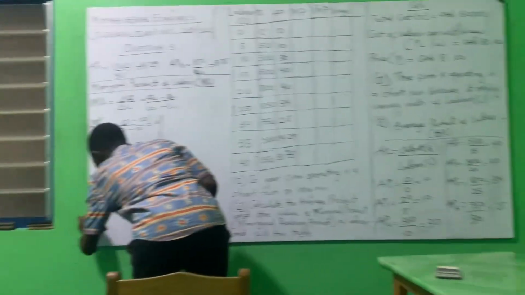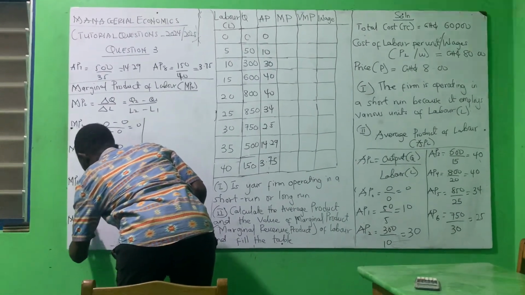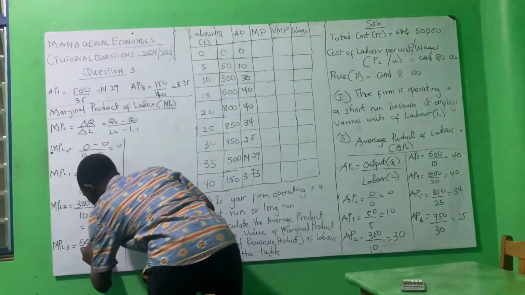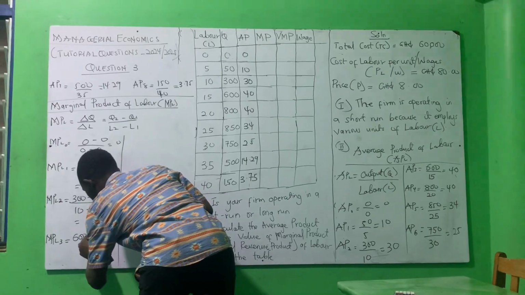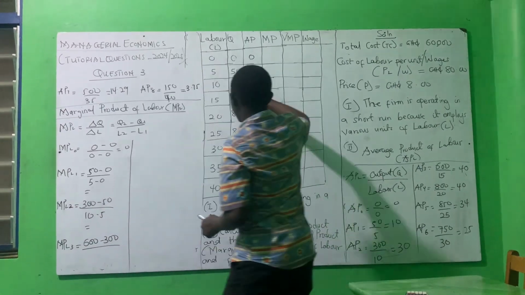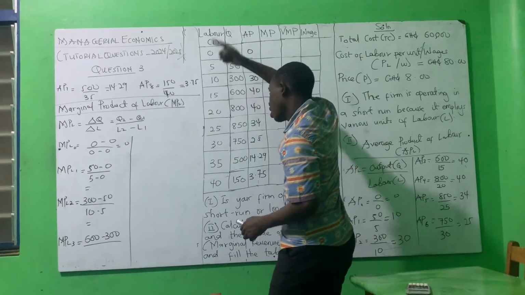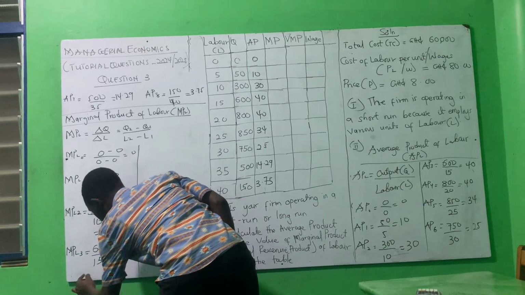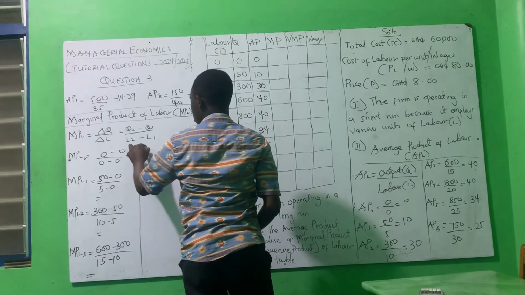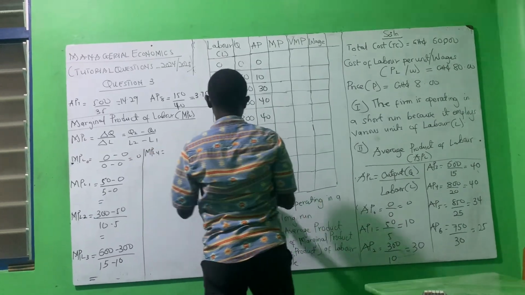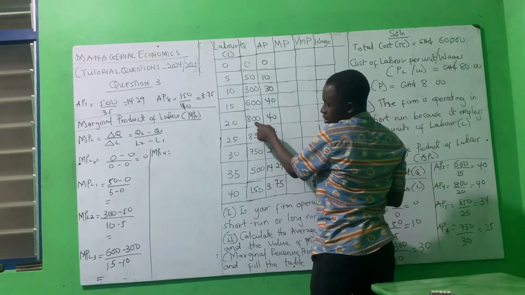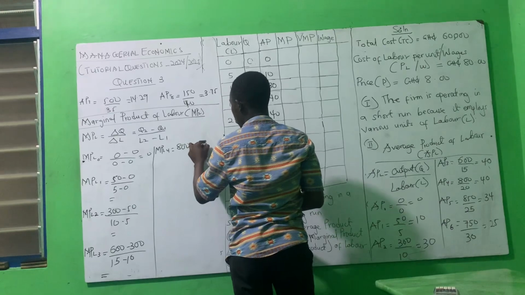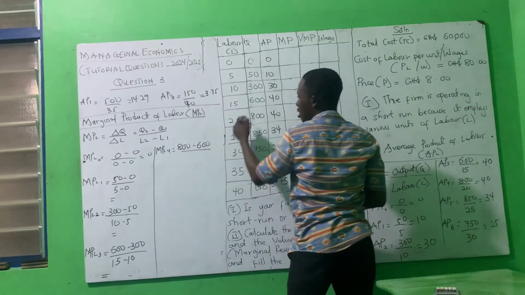Then MPL3: 600 minus 300 over 15 minus 10. MPL4: 800 minus 600 over 20 minus 15.